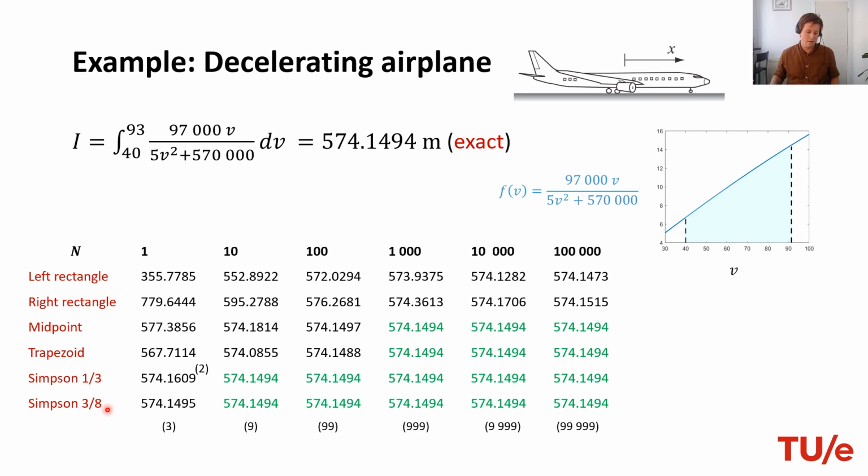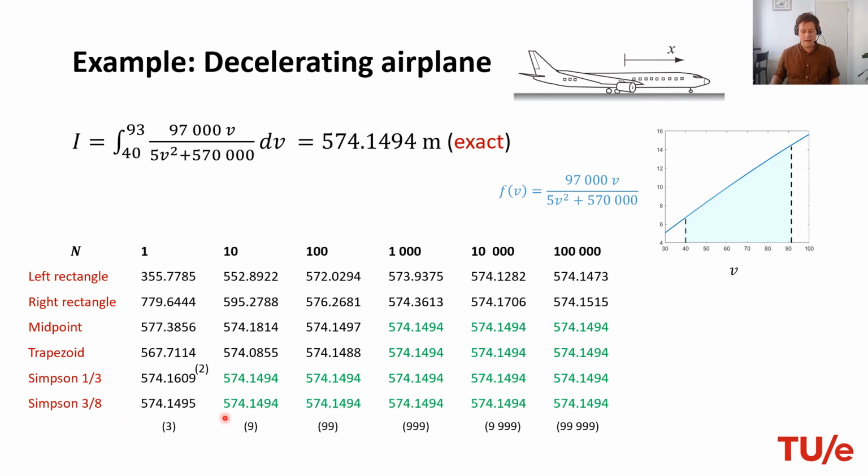And indeed for the Simpson 3/8 rule, even only using here 3 function evaluations, we're actually much closer to the exact value than we were for both left and right rectangle for 100,000 function evaluations. So this really indicates that such a Simpson method is extremely much more accurate than these rectangle methods.